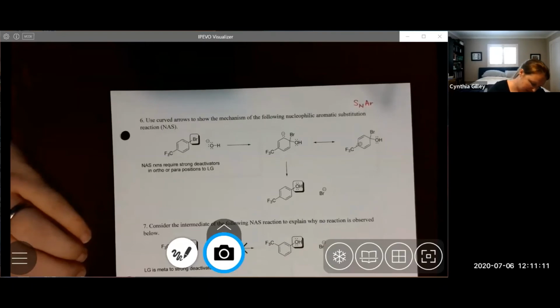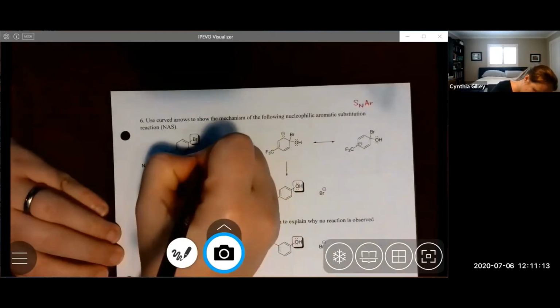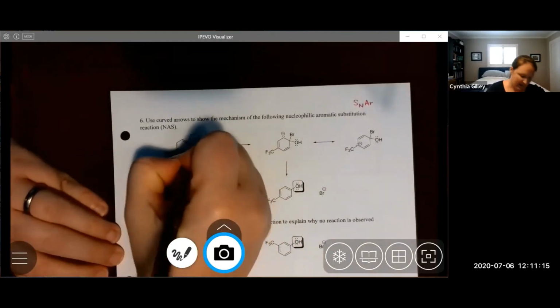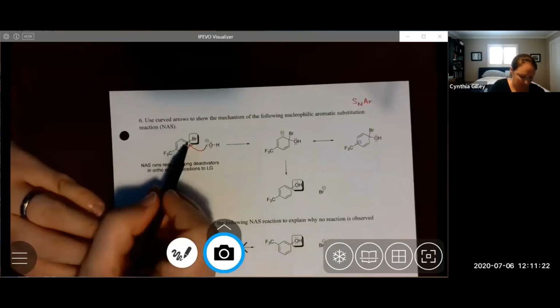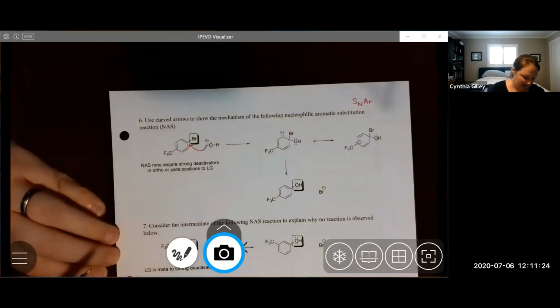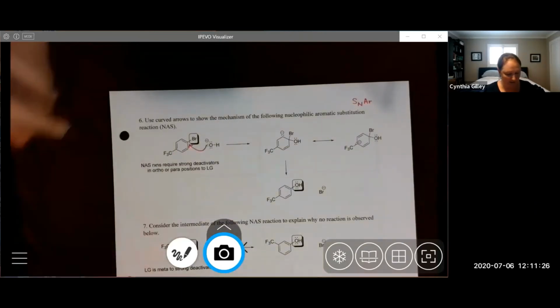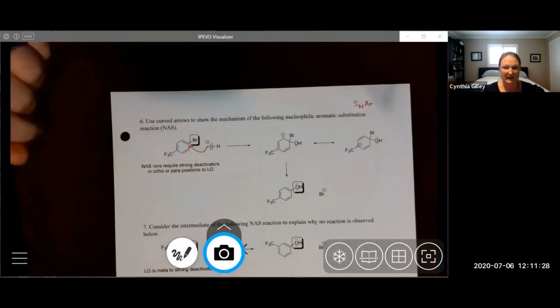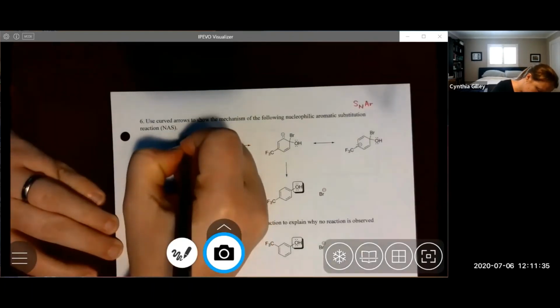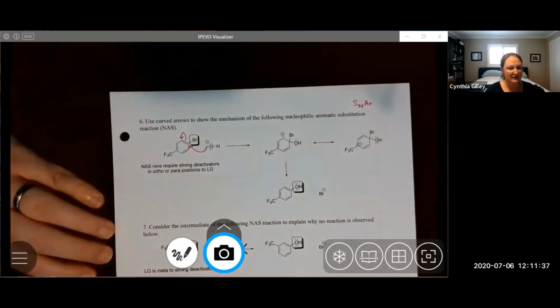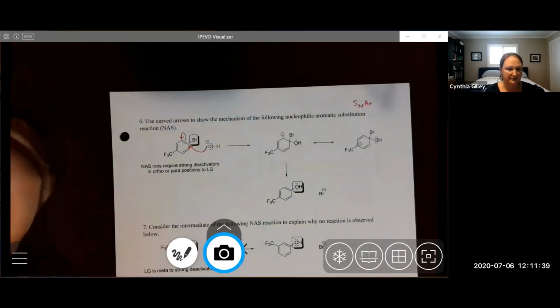The first step is a nucleophilic attack at what you might call the alpha carbon for the leaving group. Right? So this would be the alpha carbon, here's the leaving group. We're going to attack there, but we are not going to just show the bromine leaving, like in SN2. That's not the way this works. But what we can do is temporarily move pi electrons away from that carbon.